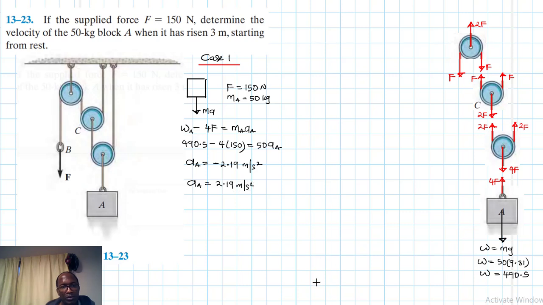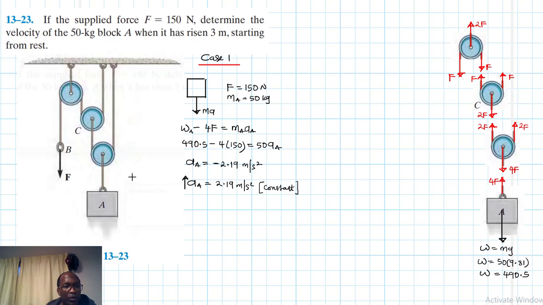Okay, this is what it means. It means this is going up. All right, so once we have the acceleration, which is going up, we know this is constant, so we can use these equations.